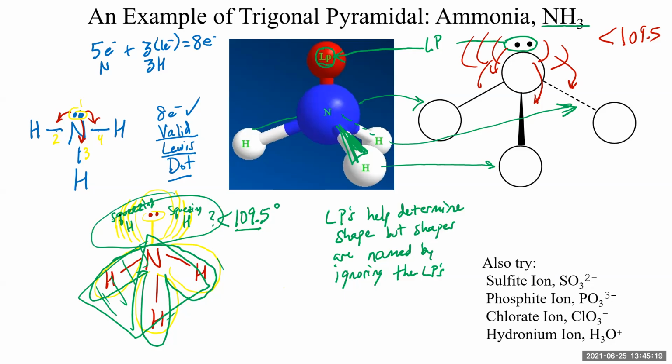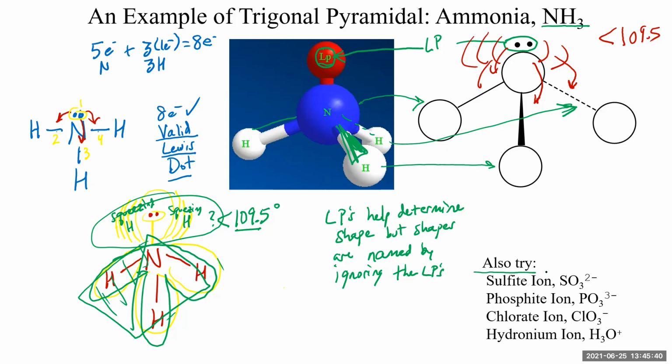Gee, I wonder what's causing that. I don't know, some sort of ghost. Well, yeah, it's kind of like a ghost. The lone pairs are sort of like a ghost figure occupying the top of the nitrogen, or whatever the central atom is, pushing all the other atoms away, but we don't see it pushing. We just see the result.